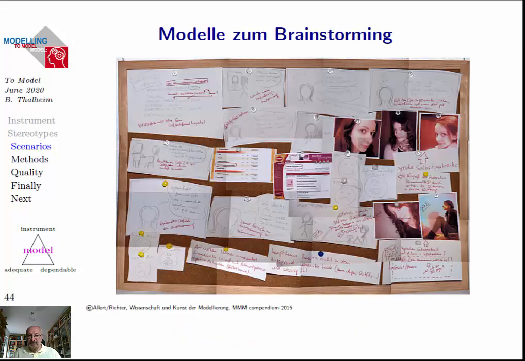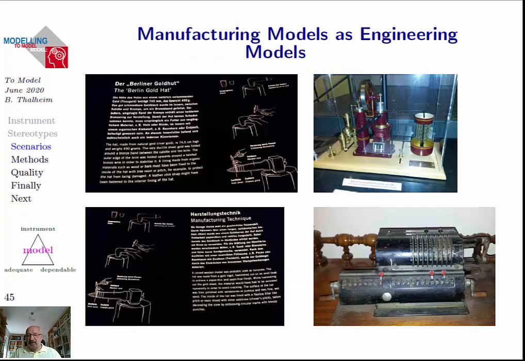We can also use models for brainstorming. We took it again from the MMM compendium based on a paper written by Allard and Richter for brainstorming and for ordering our thoughts.